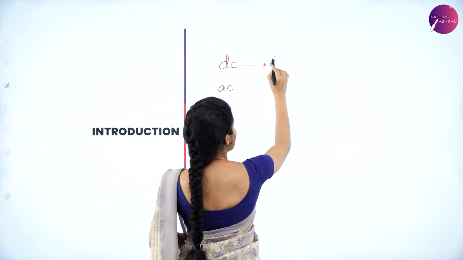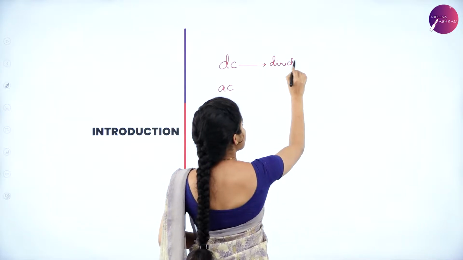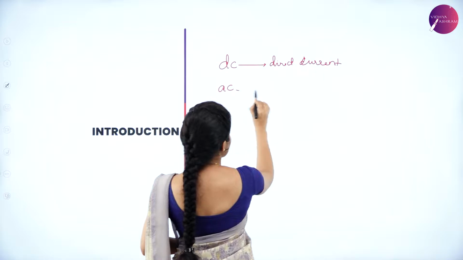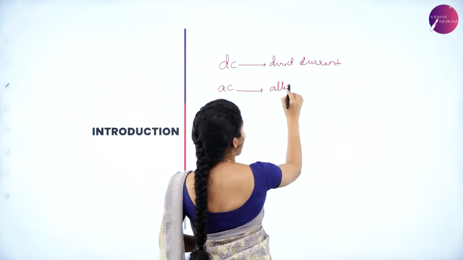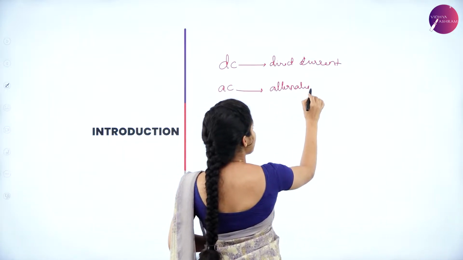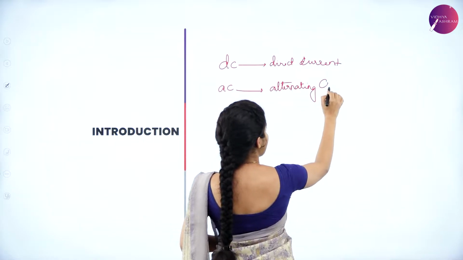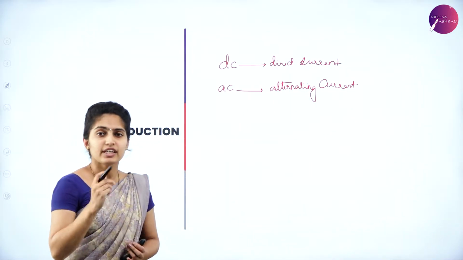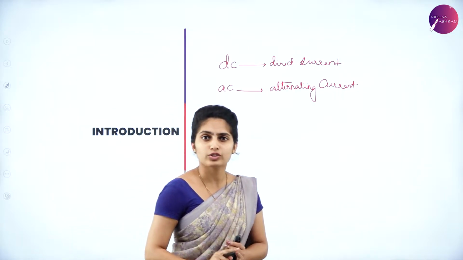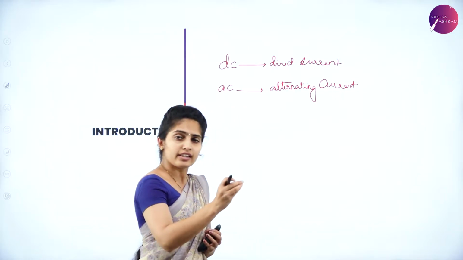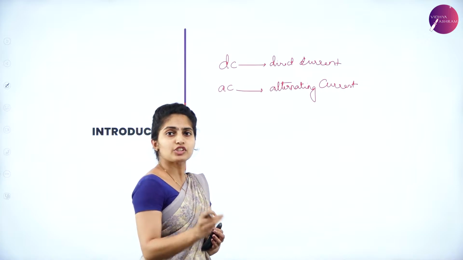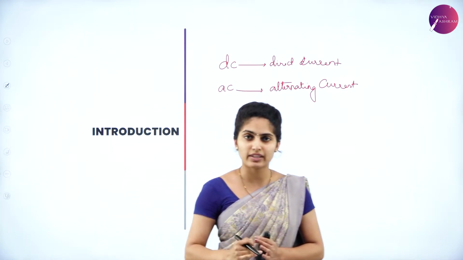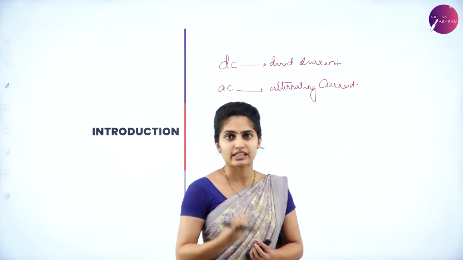DC means direct current, and AC means alternating current. We have direct current and alternating current. There are certain components which go with respect to certain current, one with DC and one with AC.